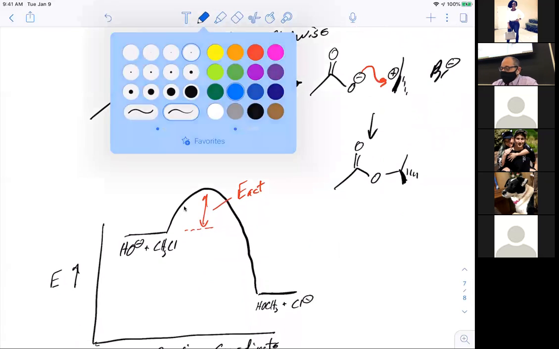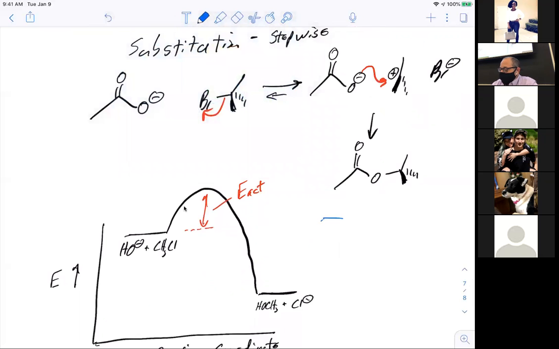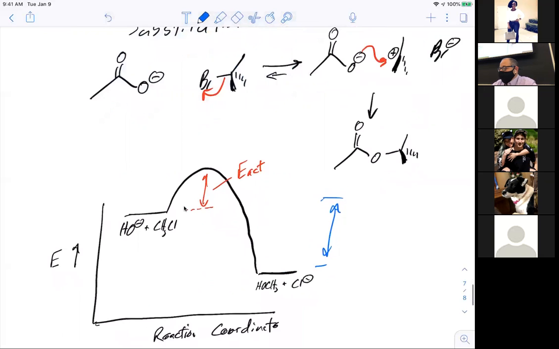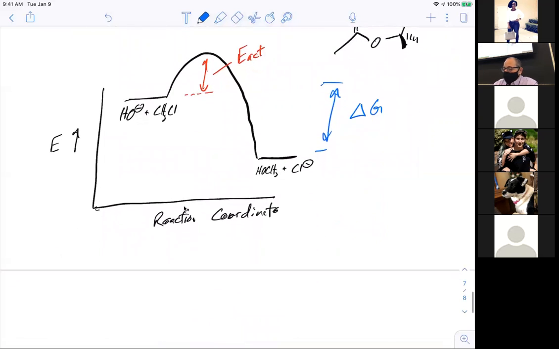There's also going to be this energy change here that we can refer to as delta G. And delta G, we have to go back and look and see. So Gibbs free energy.